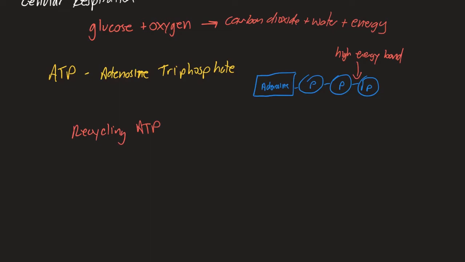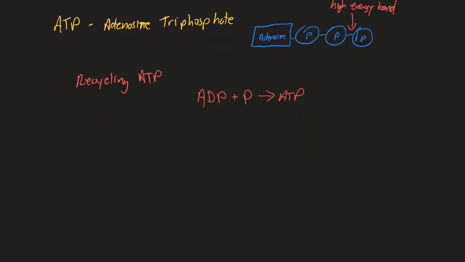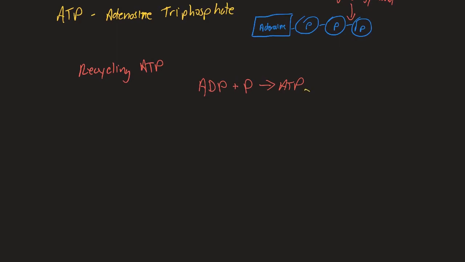So essentially the process of cellular respiration is taking ADP, adenosine diphosphate, and adding a third phosphate to put them together as ATP. So that's when it's in its high energy state. Now that goes around the cell to where the ATP is required, and the process is reversed.